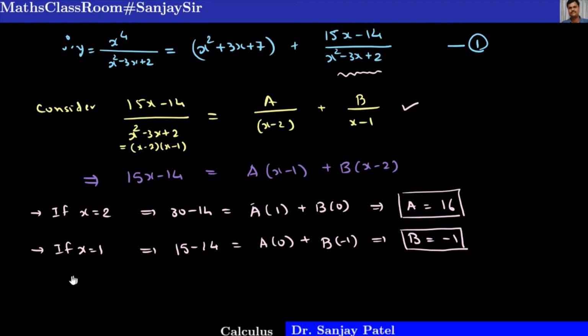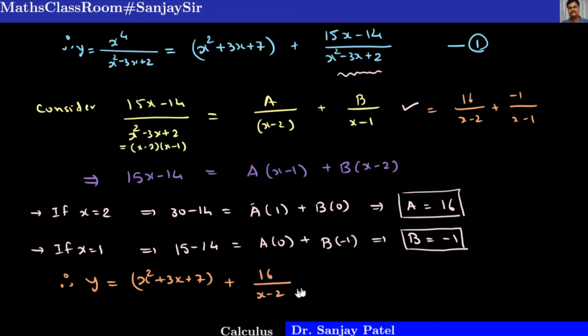Therefore, this function y is equal to x to the 4 upon x square minus 3x plus 2, which becomes x square plus 3x plus 7 as it is, plus this 15x minus 14 upon this thing, which we have derived as a, that is 16 upon x minus 2, plus b, that is minus 1 upon x minus 1. So I can write this expression as 16 upon x minus 2 minus 1 upon x minus 1.